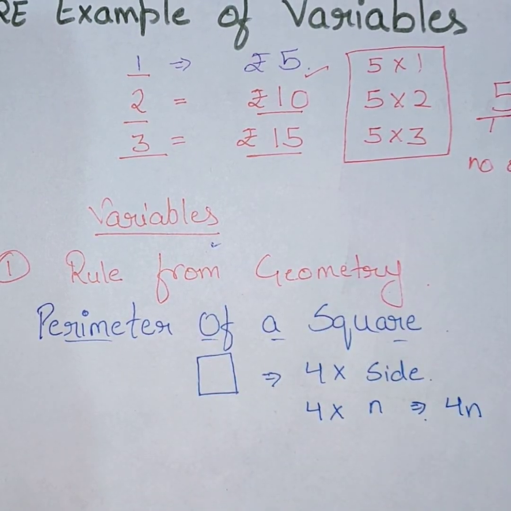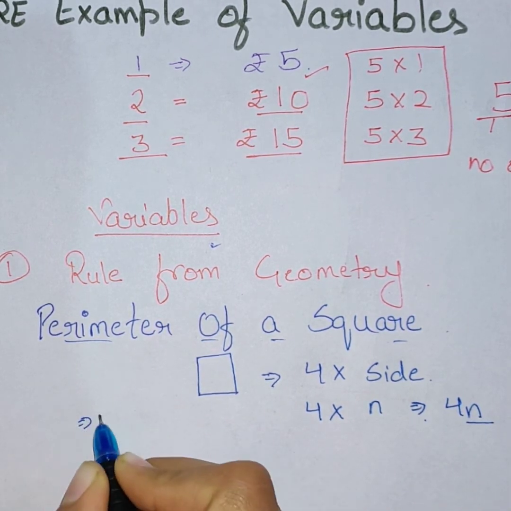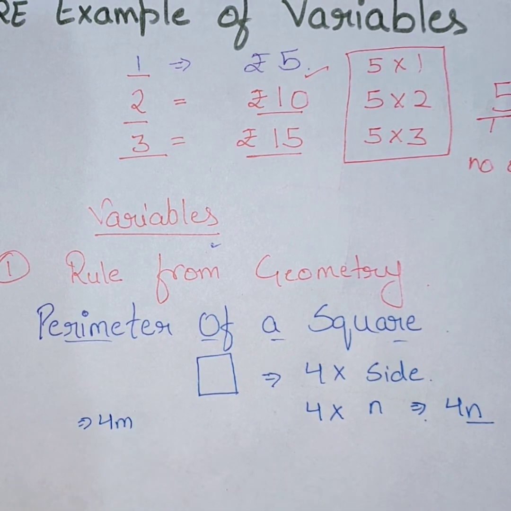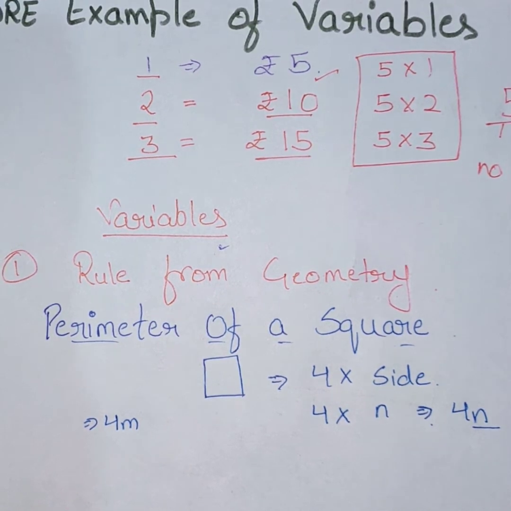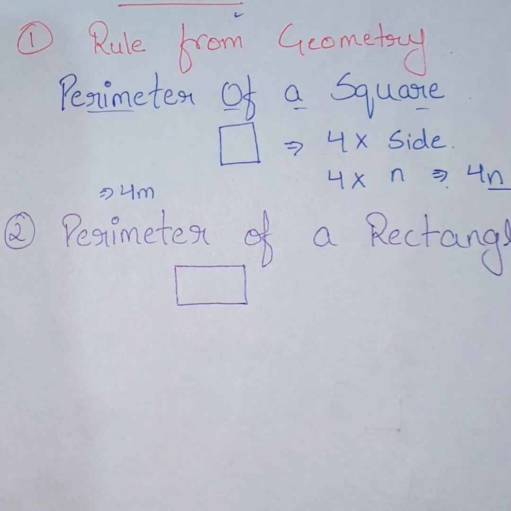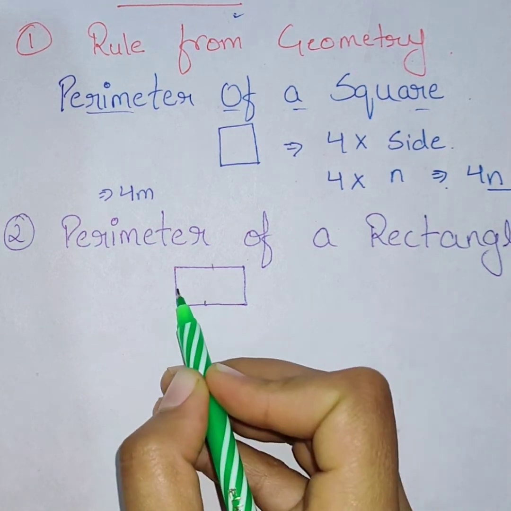It is not necessary that you always use n. You can use any other variable if you want. You can use 4m, 4b, 4a. It is up to you. Now next, let's check for the rectangle. In a rectangle, opposite sides are equal.